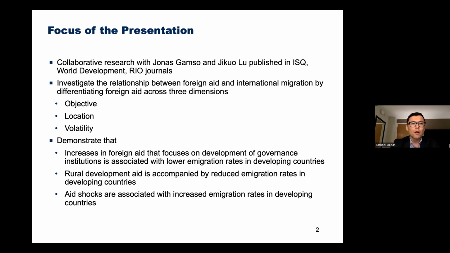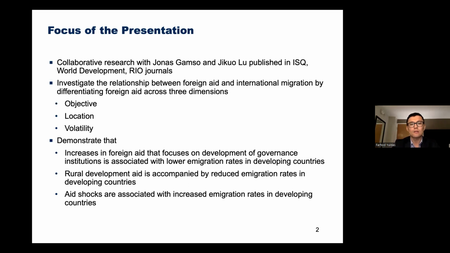Is foreign aid consistent across the years, or are foreign aid distributions and disbursements volatile, with wide swings across years? What we do in this research is provide support and show that there are three main arguments that we can support in the literature. The first is that increases in foreign aid that focuses on development of governance institutions are often associated with lower immigration rates in developing countries.